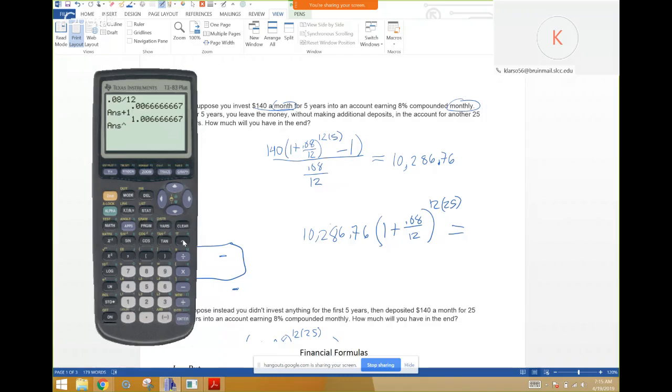Sometimes this thing times out. Raise it to the power. We're going to make sure we do the correct order of operations: inside parentheses first, then exponents, and then multiply by the 10,000. So I'm going to raise it to the 12 times 25 power, and then times 10,000.